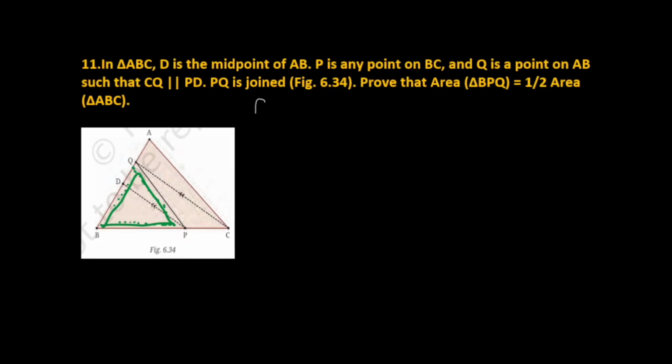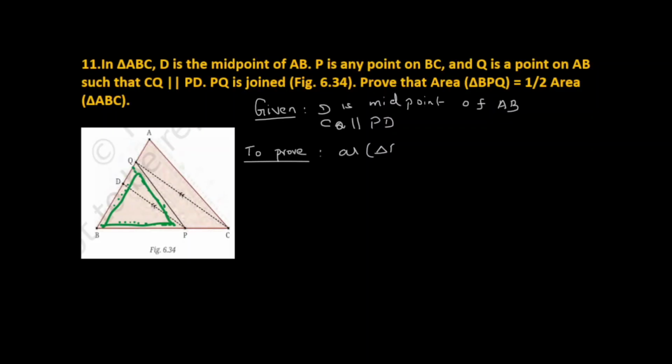For that, given: D is the midpoint of AB and another one given is CQ is parallel to PD. These are the two given informations to prove area of triangle BPQ is equal to half of area of triangle ABC. We need to prove that.